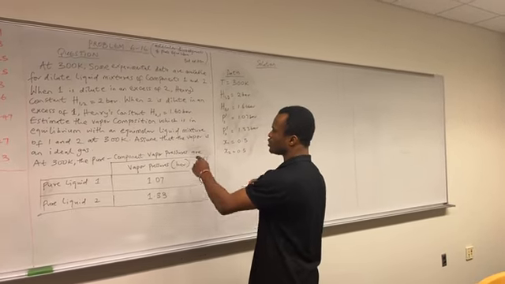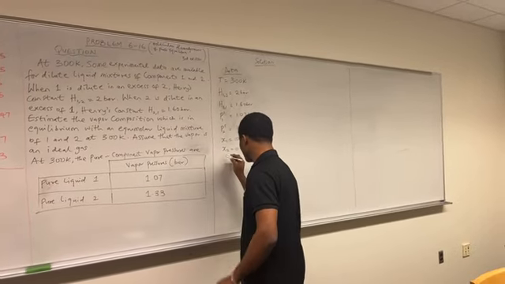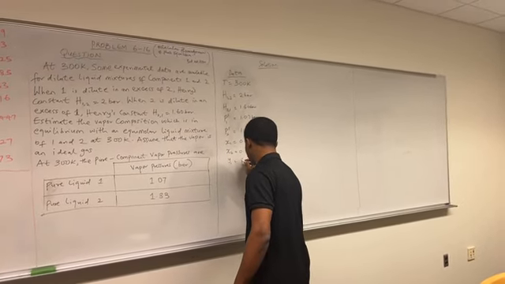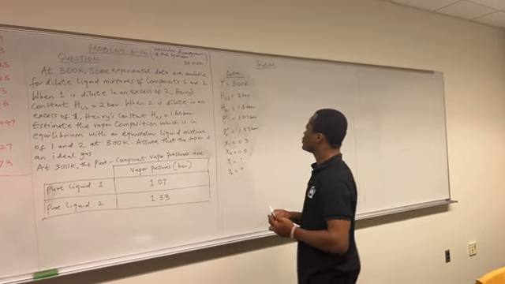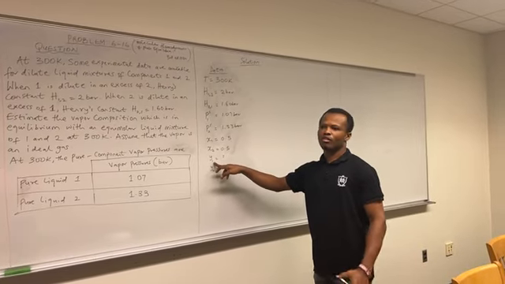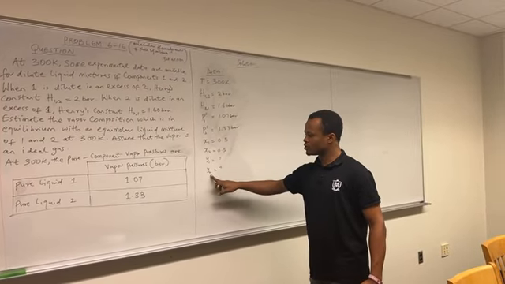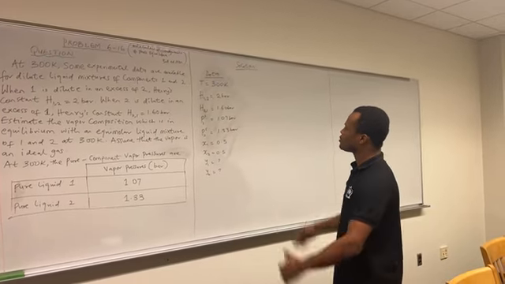What we are looking for is the vapor composition. That's our y1 and our y2 as well. So these are what we are looking for: the vapor composition of the first component and the vapor composition of the second component. So now we have our data.